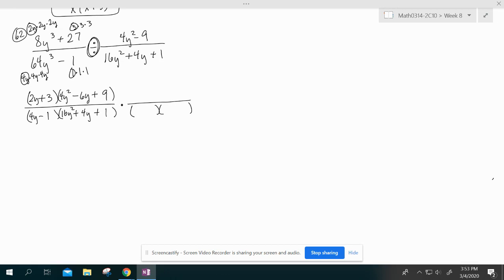Got it? Now, remember the second fraction? Since we had division, that guy's going to flip. And the denominator is a trinomial with a lead coefficient, and I'm not going to try to factor him.